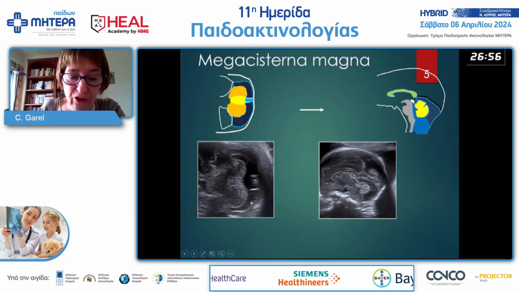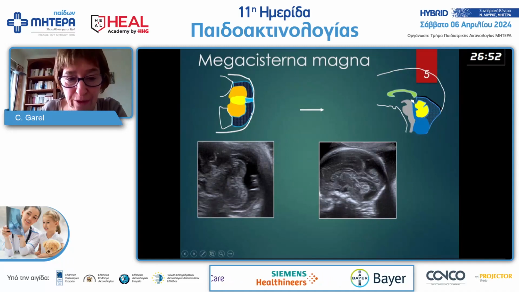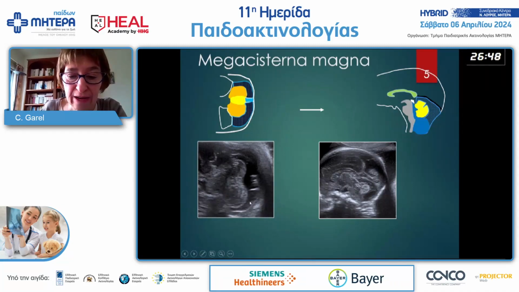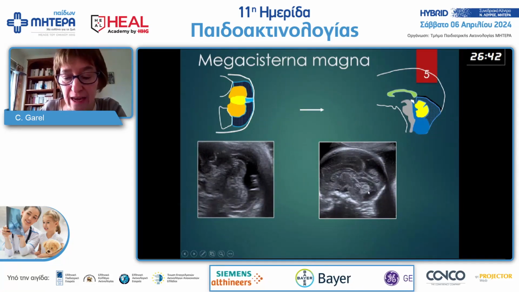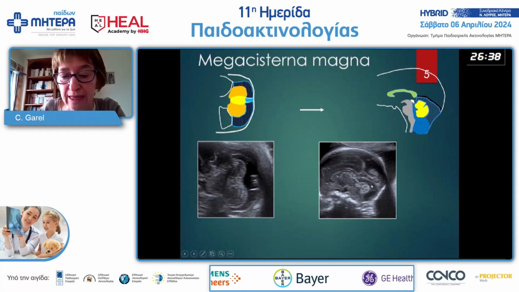The fluid that you can see on both parts of the Blake's pouch remnants corresponds to the subarachnoid space, and this is the reason why this is slightly echogenic, because there are numerous vessels within the subarachnoid space.